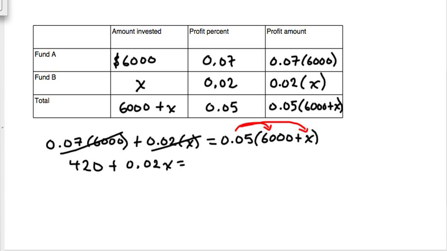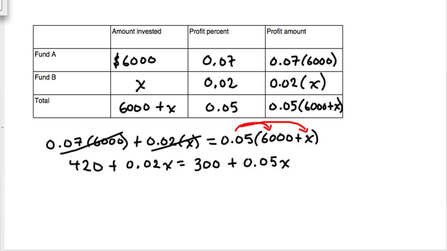Let's write that in. Plus 0.05 times X is just 0.05X. Now we're left with an equation where we have numbers and variables on both sides.